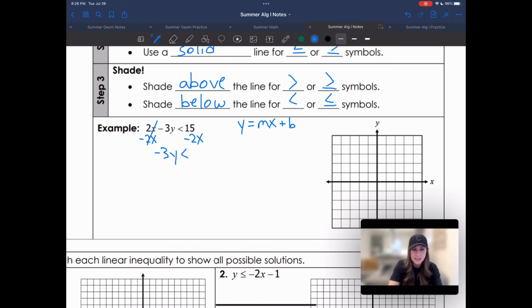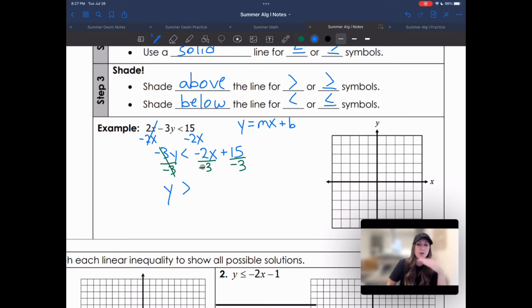So you get is less than, and over here we put negative 2x. We want to write the x term first, and plus 15 because it's positive. Okay, and now we would divide everything by negative 3. And we are dividing by a negative on this one, which means we will flip our inequality sign. Okay, so this is going to give us y. Now that less than will become a greater than.